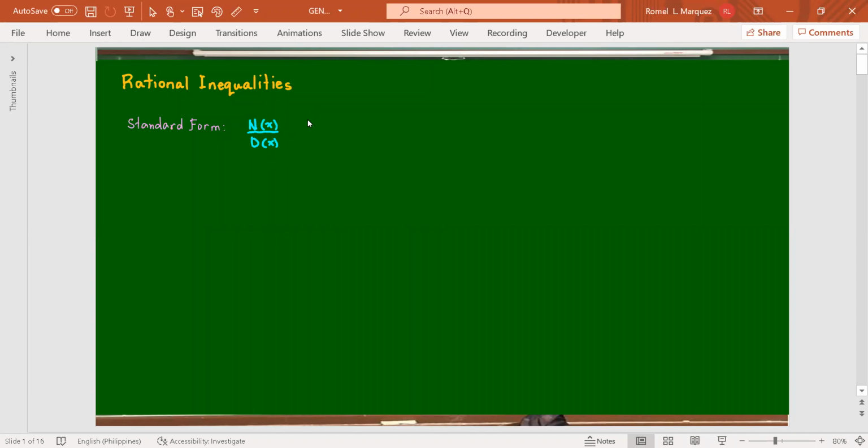And this quotient is either less than, greater than, less than or equal to, or greater than or equal to 0. Okay? So that's the standard form.